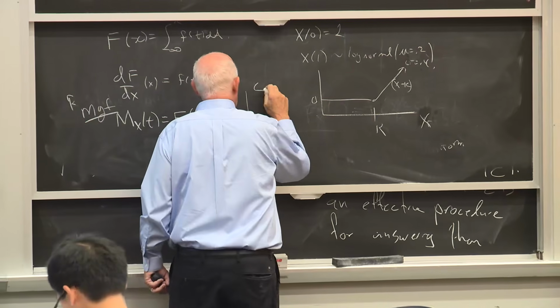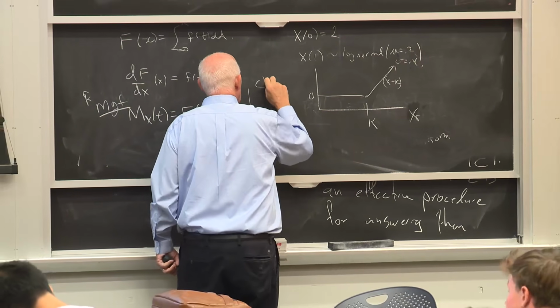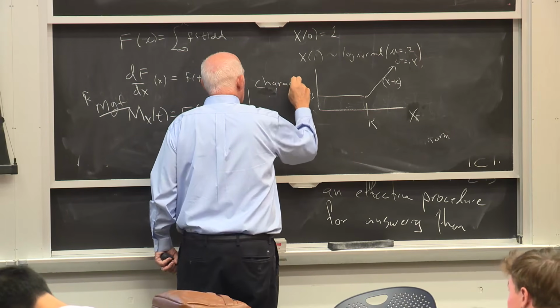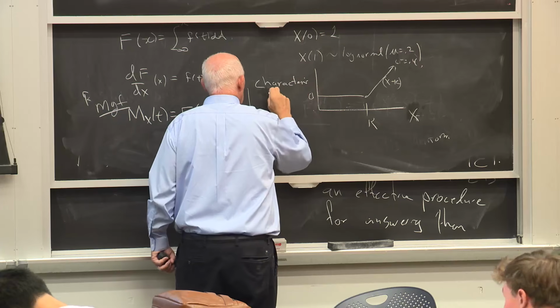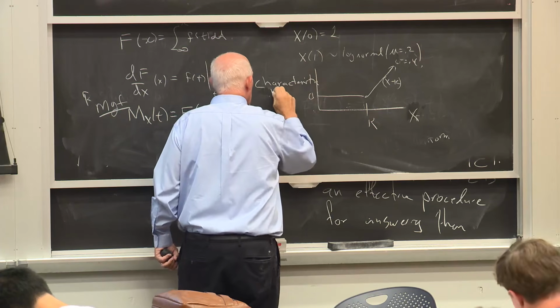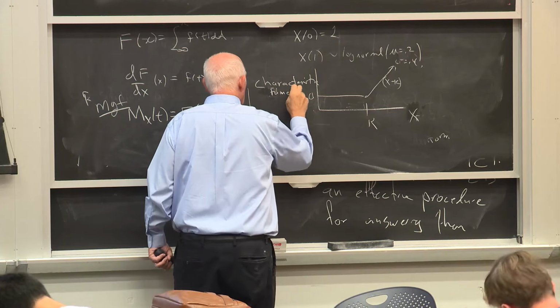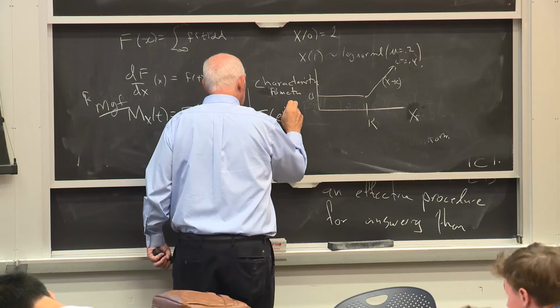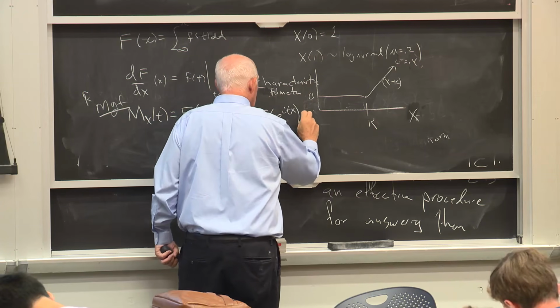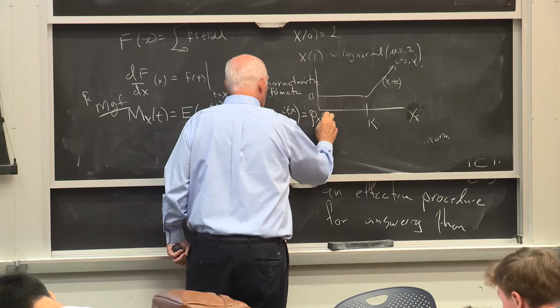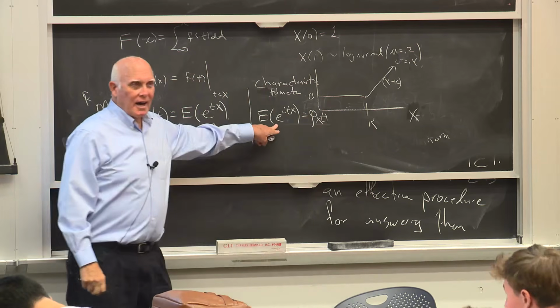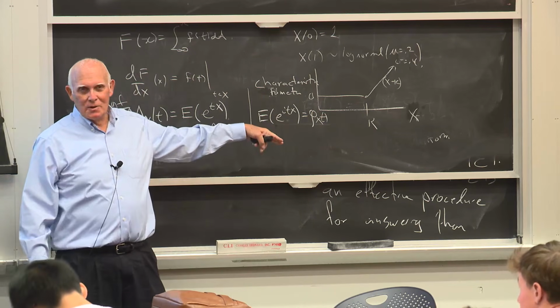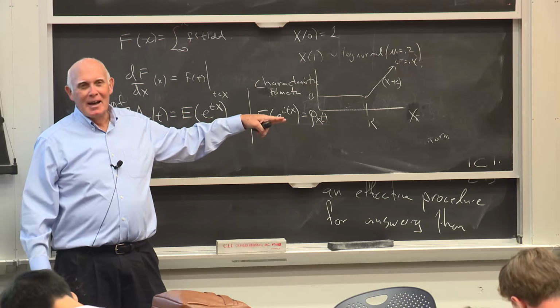There's a characteristic function that turns out to be equal to e to the itx, where i is the square root of -1.